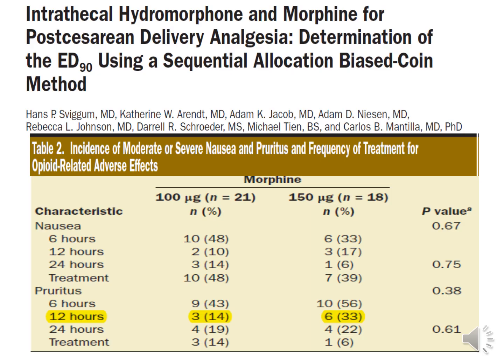Results from a similar study in the literature provided the following findings. At 12 hours, 14% of those who were given 100 micrograms intrathecal morphine developed pruritus, and 33% of those given 150 micrograms developed pruritus. These estimates will be used by the researcher to compute for the sample size.